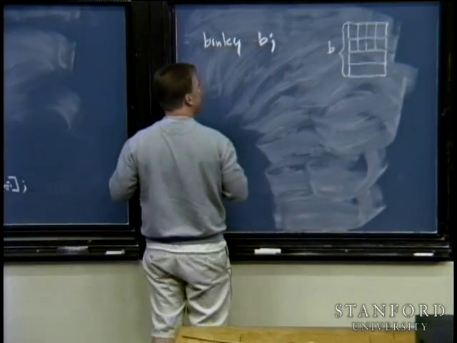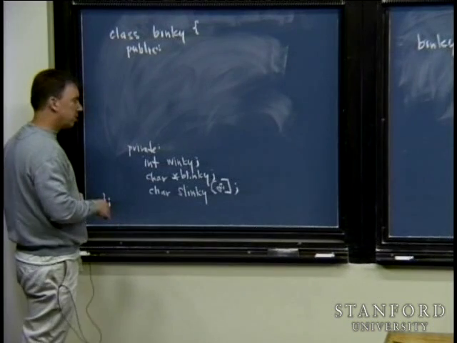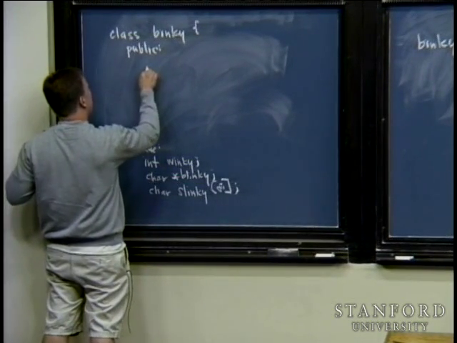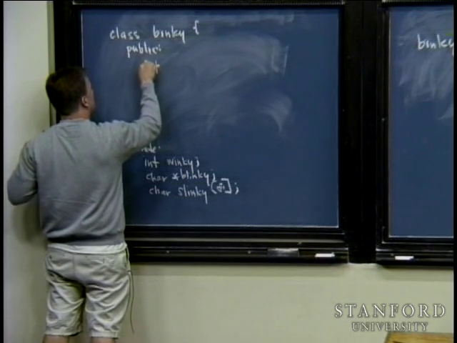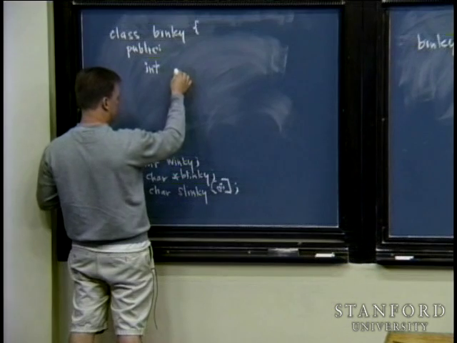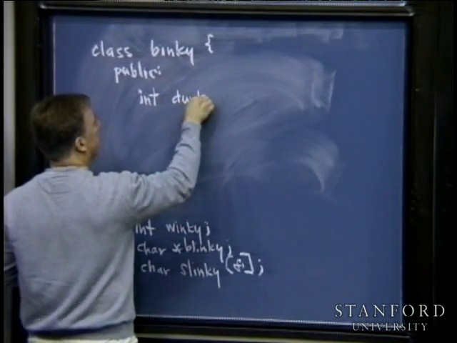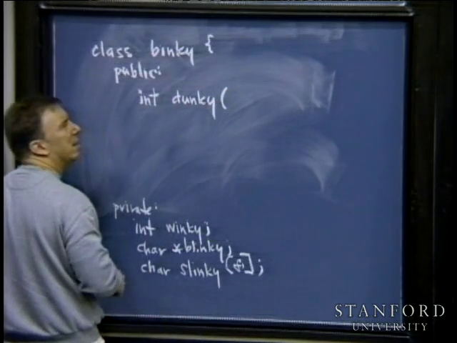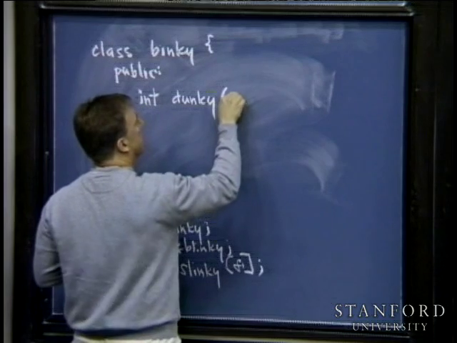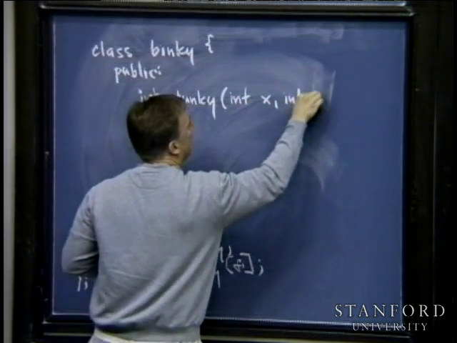When you do something like this, forget about constructors, let's just invent a method right here. Let's assume that I have this method, int donkey, where I pass in just an int x and an int y.